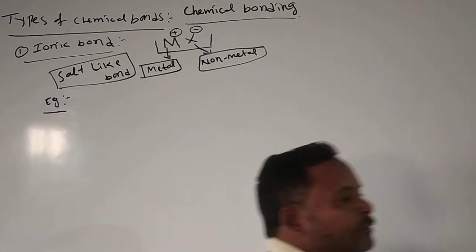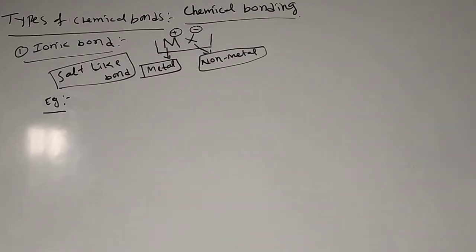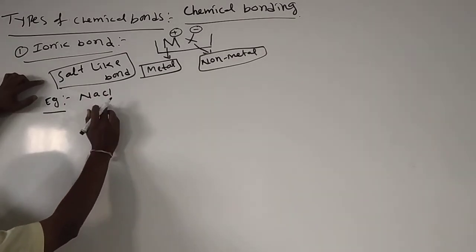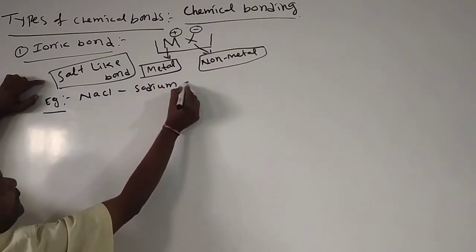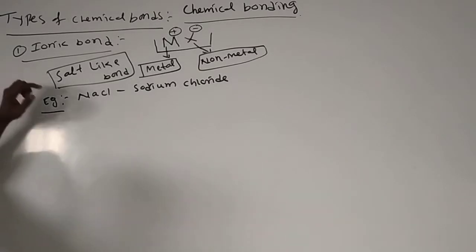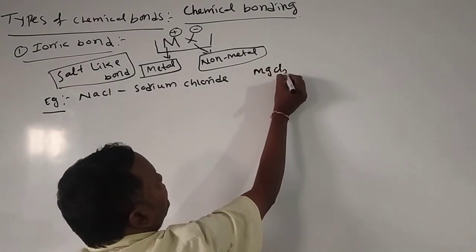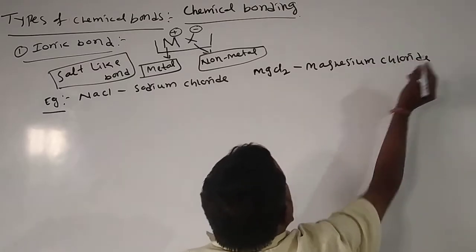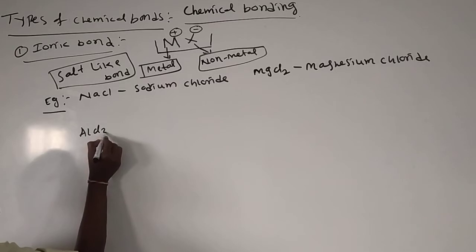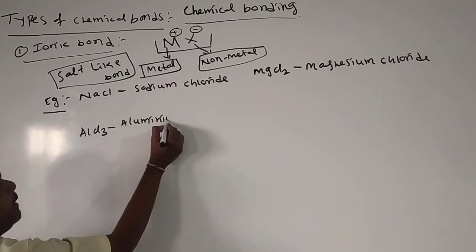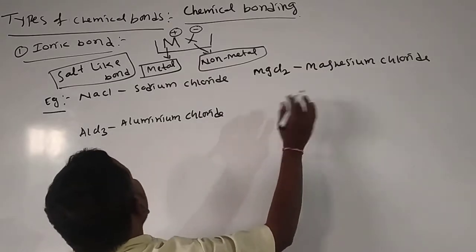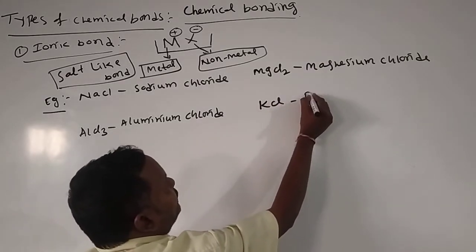Examples of ionic compounds: sodium chloride, NaCl; magnesium chloride, MgCl2; AlCl3, aluminum chloride; and you can take any one more, for example potassium chloride, KCl.